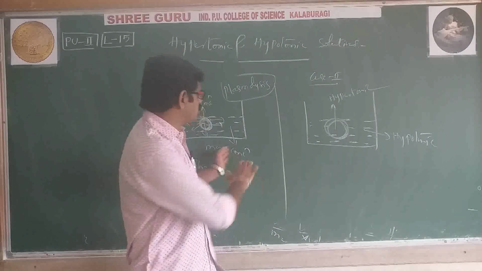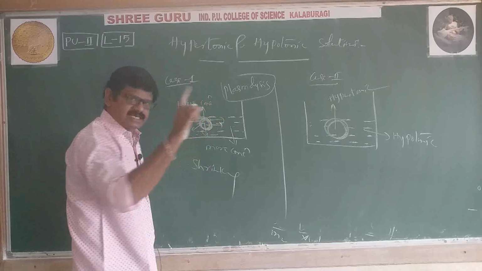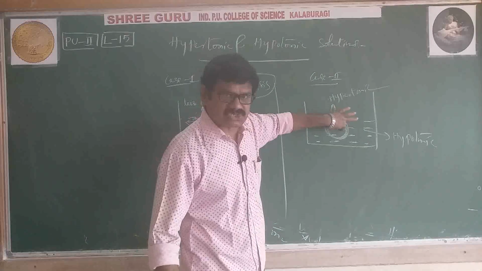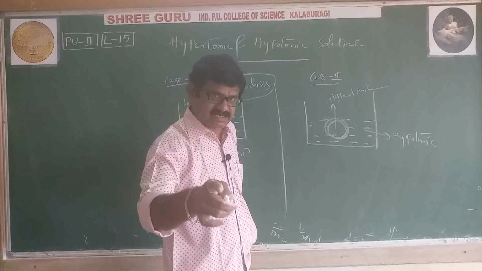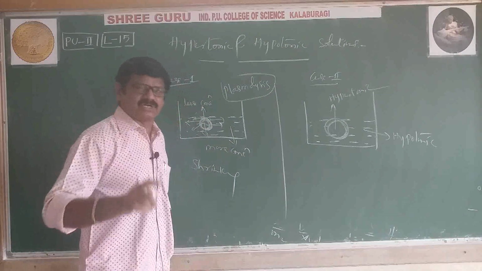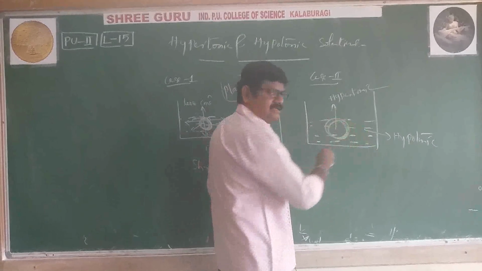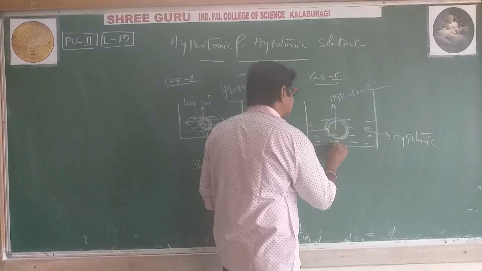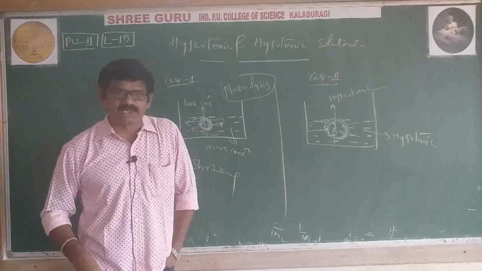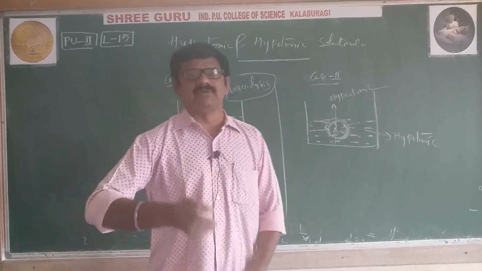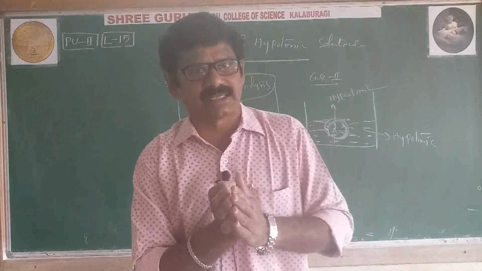Remember, both are opposite phenomena. In the first case, the outside solution is more concentrated and the inside solution is less concentrated. Here the inside solution is more concentrated and the outside solution is less concentrated. According to the osmosis phenomenon, the outer liquid will enter the plant cell or animal cell, because the liquid travels from the lower concentration region to the higher concentration region.